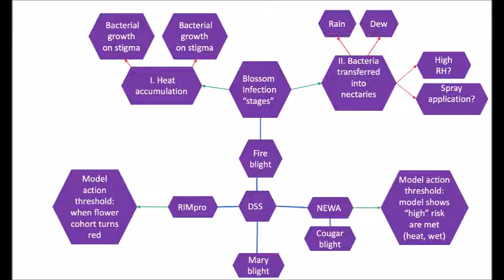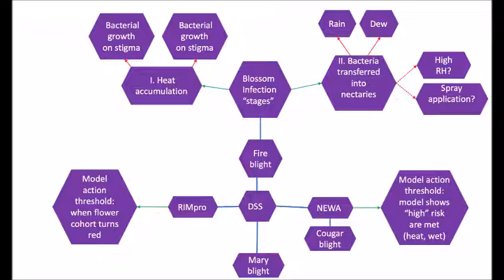Dave, it also runs Mary Blight? Yeah, the second line. It runs EIP. Right, EIP, which is basically a Mary Blight function. So the EIP reading is, and you'll notice when Cougar Blight says high risk, Mary Blight often will not.